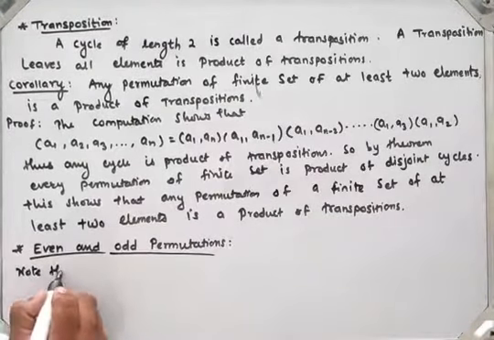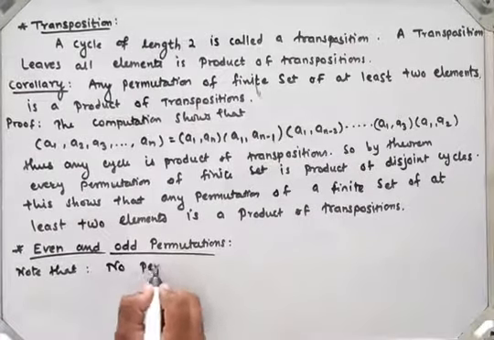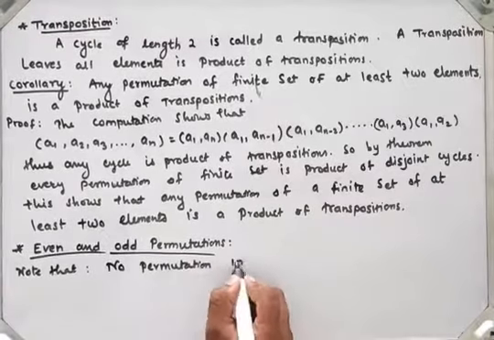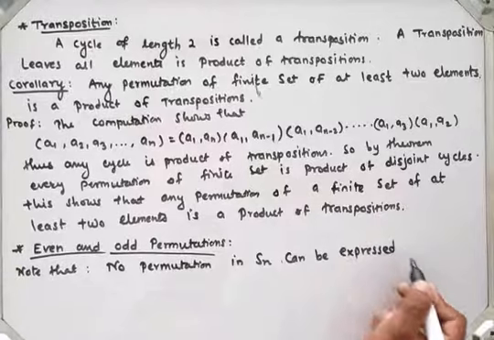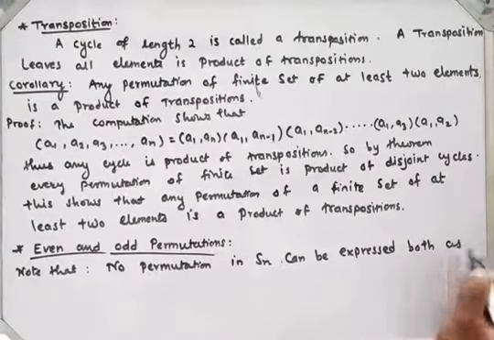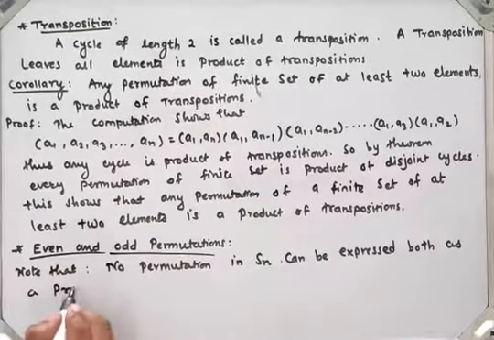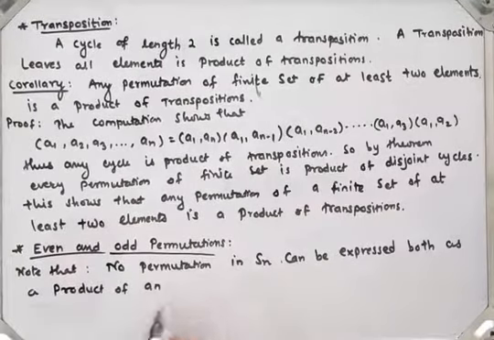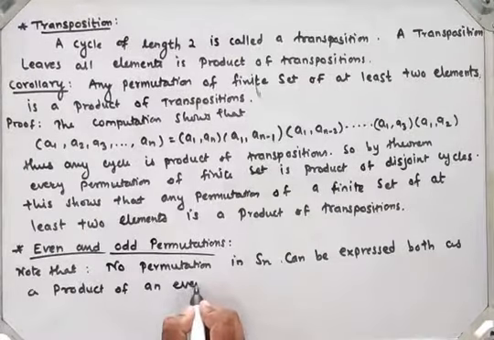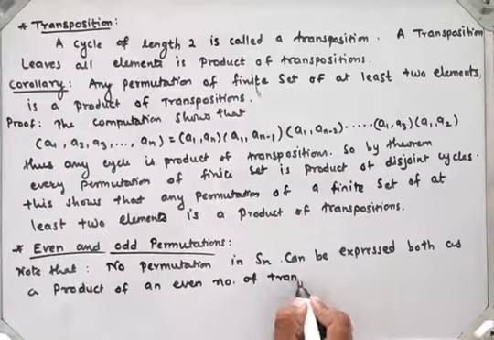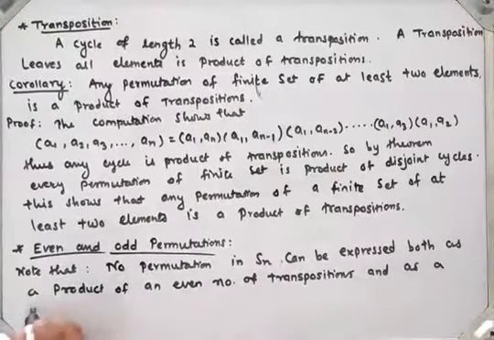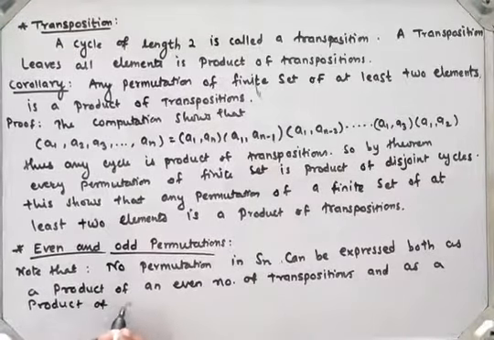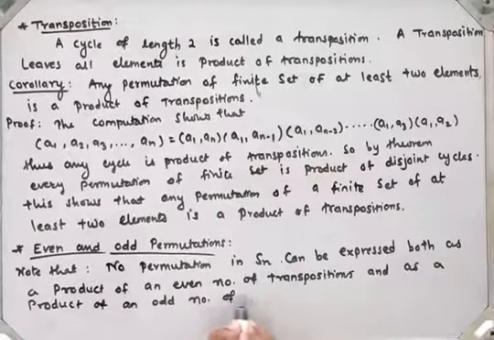So note that no permutation in Sn can be expressed both as a product of an even number of transpositions and as a product of an odd number of transpositions.